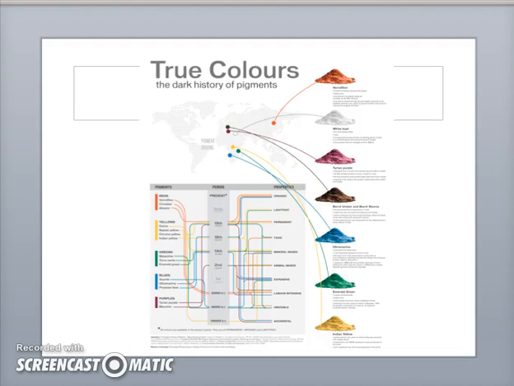Now, where do pigments come from? They come from a variety of places. We have minerals like ochre, yellow ochre. It's just a type of dirt, really. A lot of these very neutral brown, yellow colors come naturally from dirts, from minerals, from hard rocks that are pummeled.